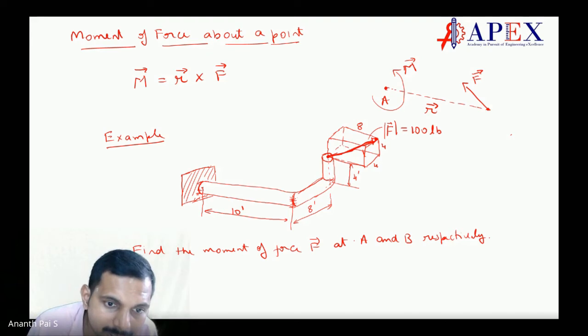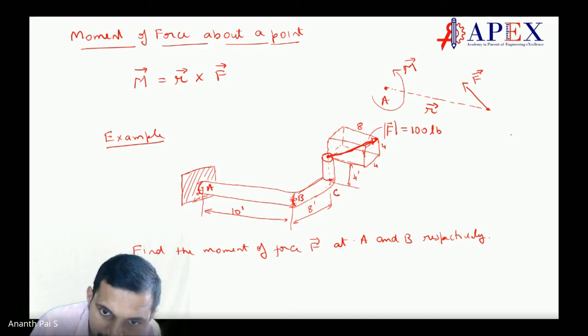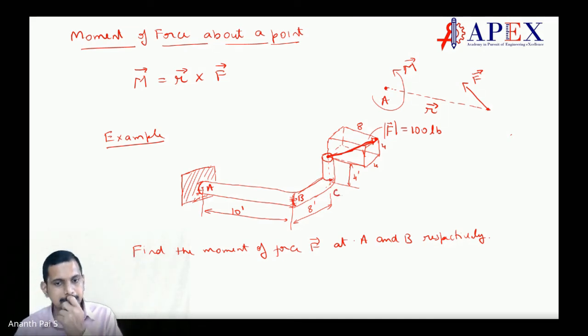So A is this point, B is this point over here, and let us say this point is C. Can we find the moment of force about A, B, and C?